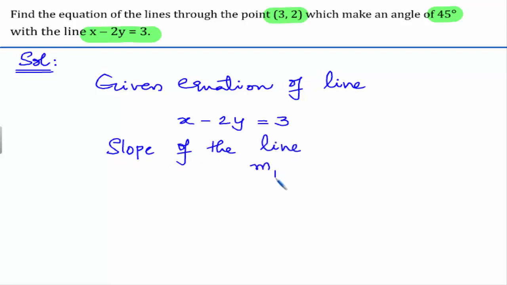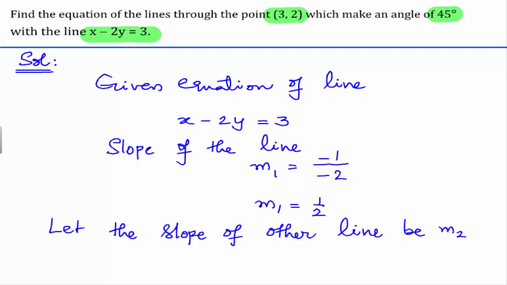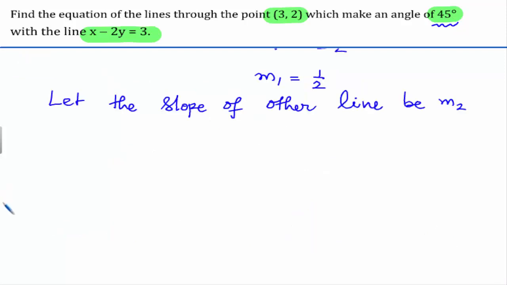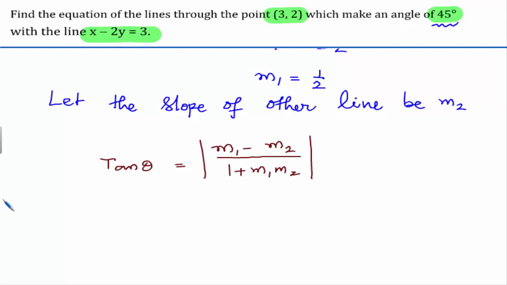Let us call it m1, which is minus of x coefficient by y coefficient. That is, m1 is equal to half. Now let the slope of another line which makes 45 degrees with the given line be m2. Now we have a formula: tan theta is equal to m1 minus m2 by 1 plus m1 m2, the whole thing under modulus.